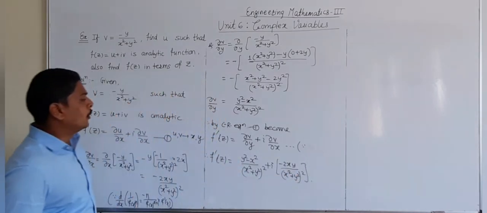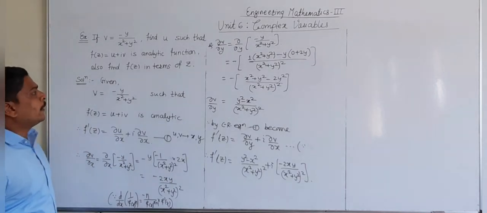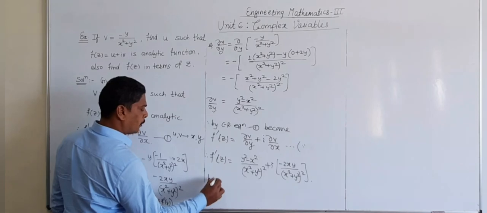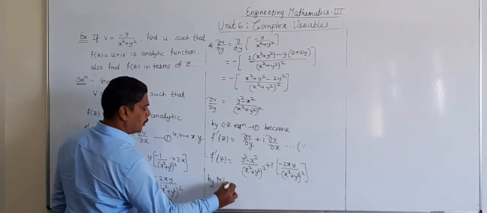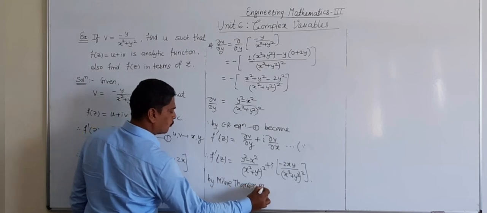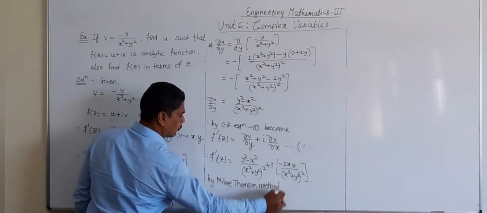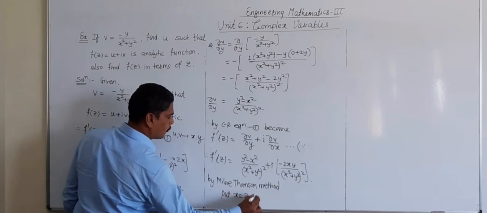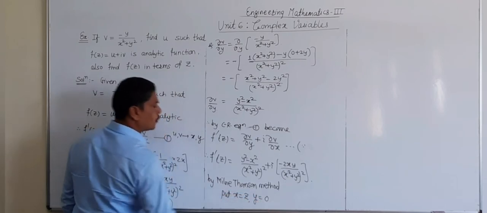And now our requirement is to find f of z in terms of z. So by Milne-Thomson method, put x is equal to z, y is equal to 0.